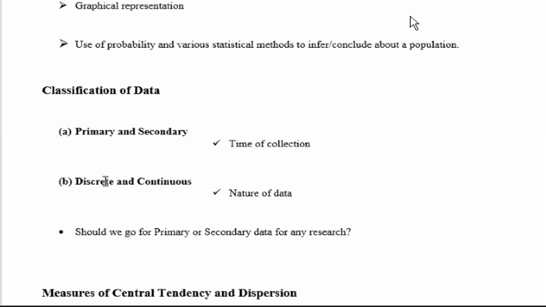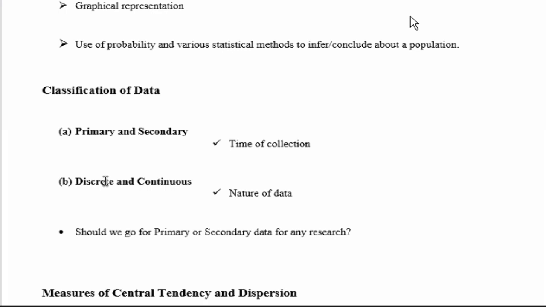If you collect data first hand, meaning you are conducting a study and collecting data for your study for the first time, then it is your primary data. A simple example of primary data collection is using a survey, a questionnaire. You develop a questionnaire and collect data from the sample or the population, and then you analyze. So that is primary data.